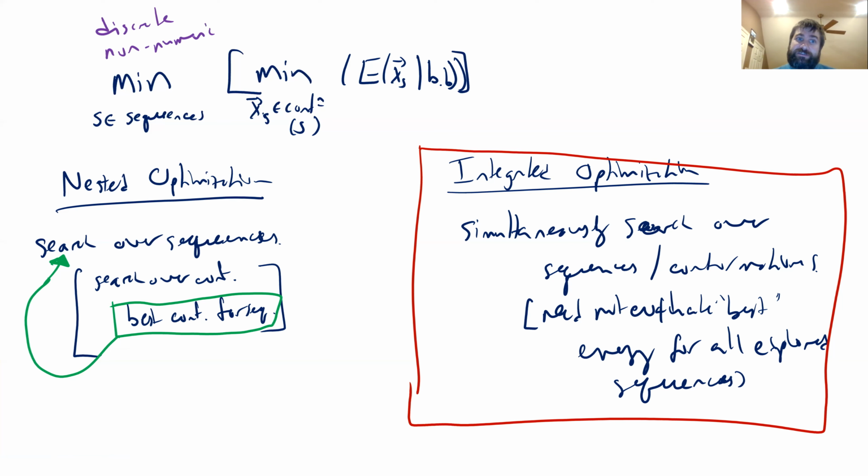These are discrete, non-numeric entities, and the inner optimization fundamentally is a search over atomic positions or dihedral angles, continuous real numbers are the variables. And these are different kinds of entities. We need to factor this in the methods that we use.